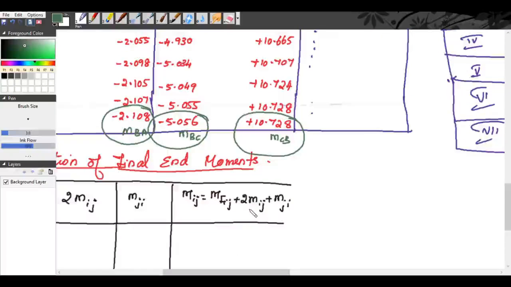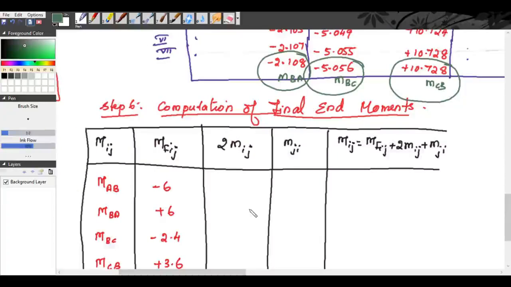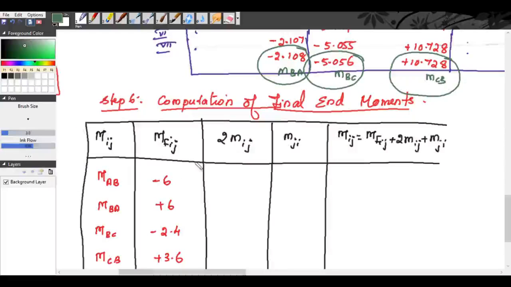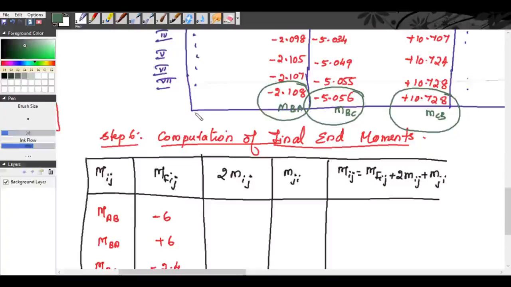Now, 2mIJ. Here I is A and J is B. So, 2mAB. 2mAB is 0, since mAB is 0. So, write 0 here.